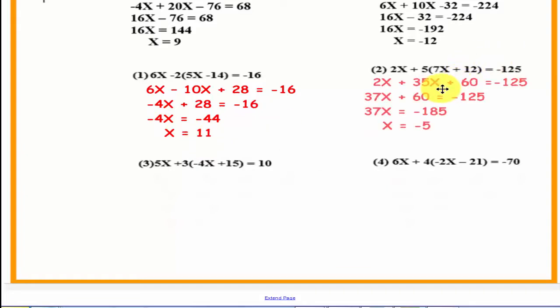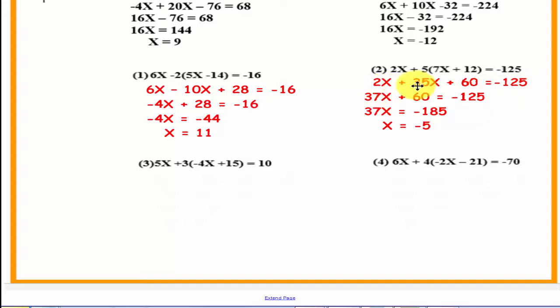So we end up with a positive. Let's look at this one. Now, here we have 2x plus 5 times 7x plus 12 equals negative 125. The first row, bring the 2x down, plus 5 times 7 is 35x, 5 times 12 is 60, equals negative 125. All right, let's simplify this more.